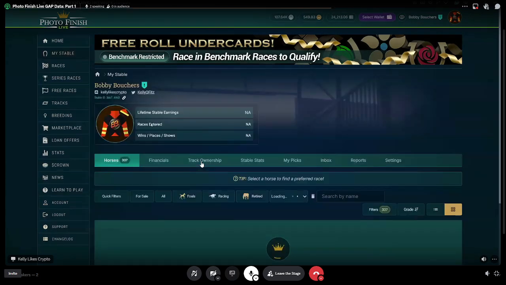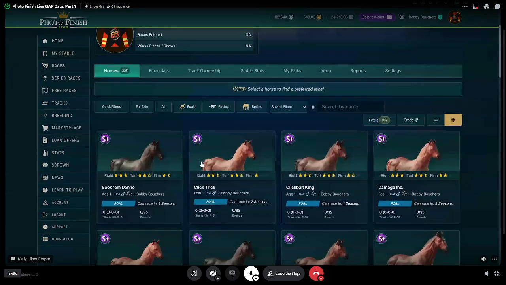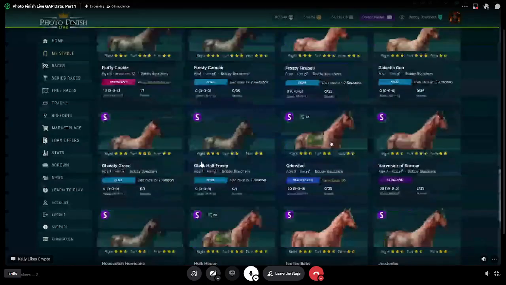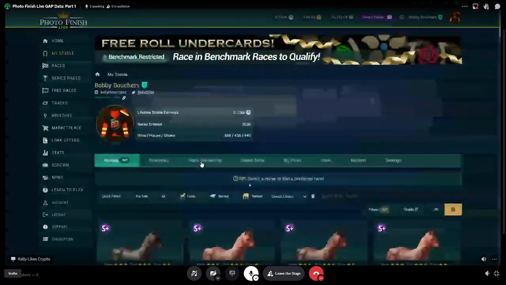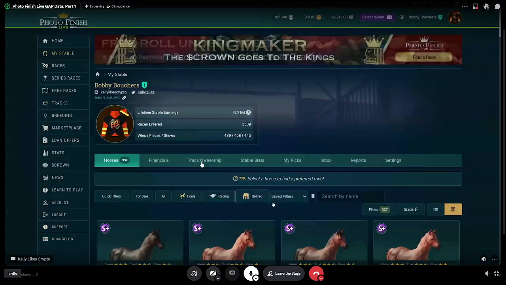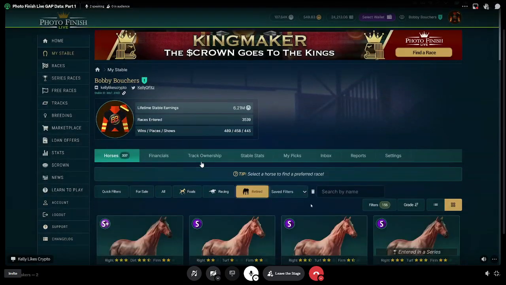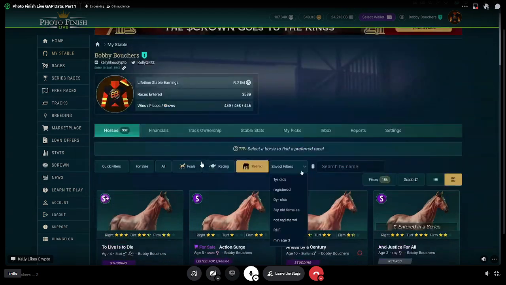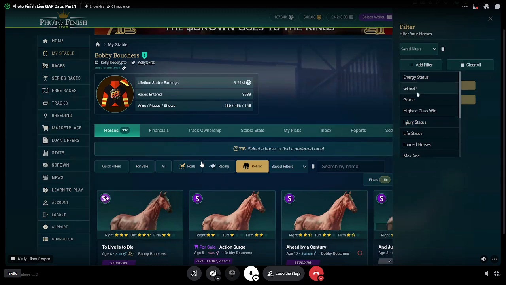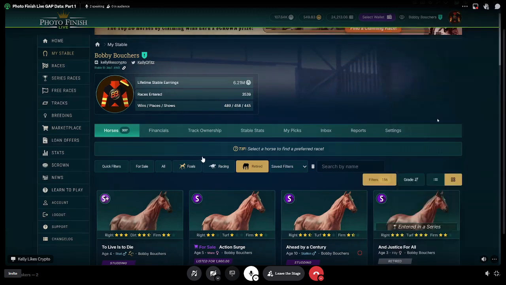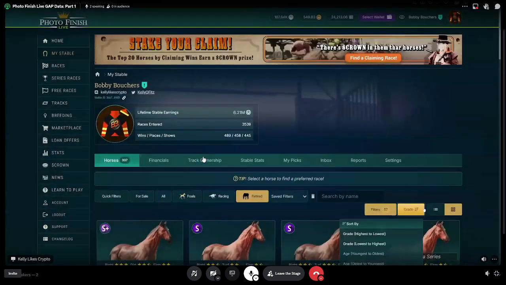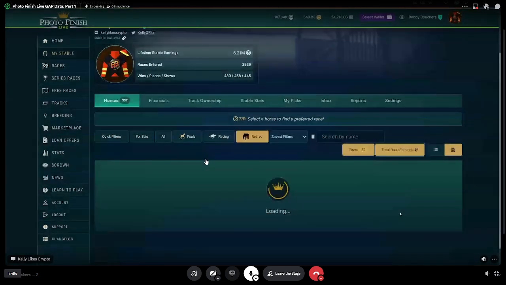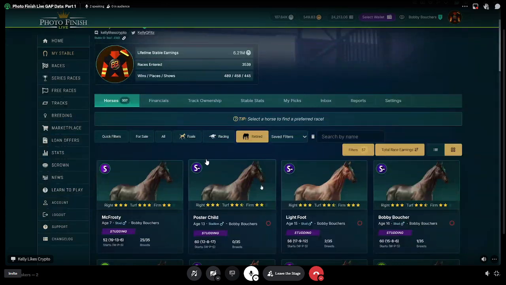It's obviously retired, this horse that I'm thinking of, and he's a male. I should be able to find him pretty quick then. Oh, actually, I know how I can find him. I can just go by winnings. There we go. Okay, Poster Child.